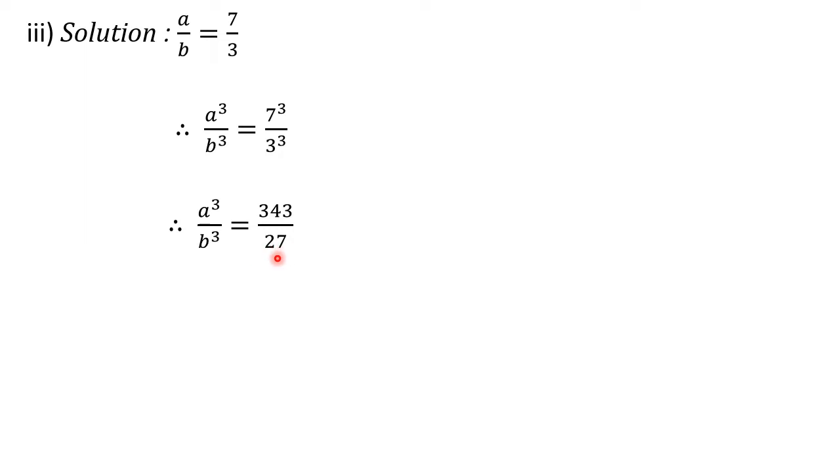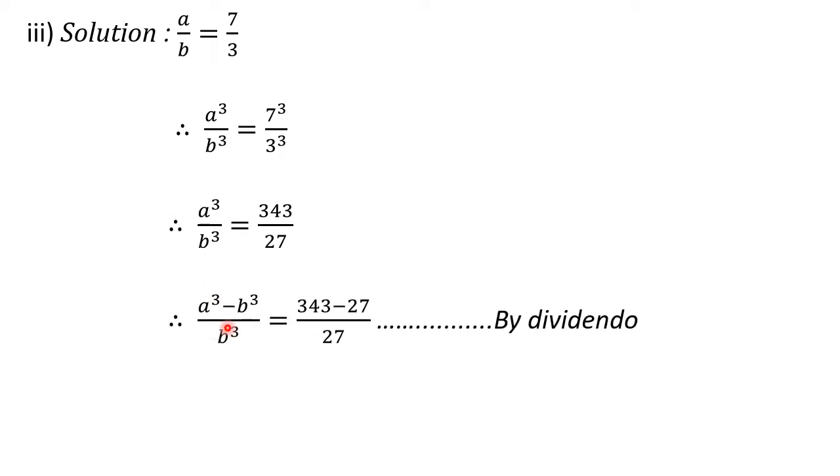Now see there, as I have said, what is the question? a cube minus b cube upon b cube means the property of dividendo is used there. So now here you have to see the question to write this particular step. In the question this step is given. So a cube minus b cube upon b cube, and same thing we are going to do on right hand side. That is numerator minus denominator upon denominator as it is, and this property is dividendo.